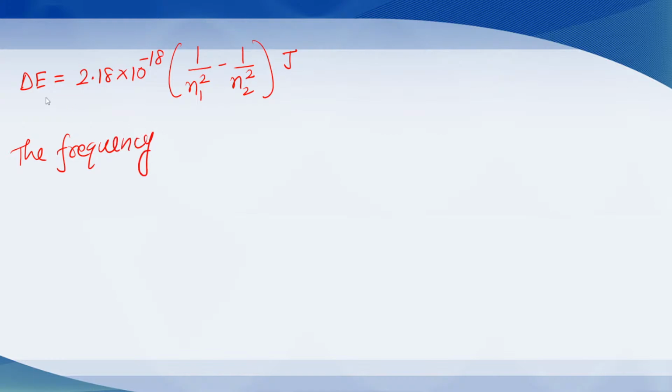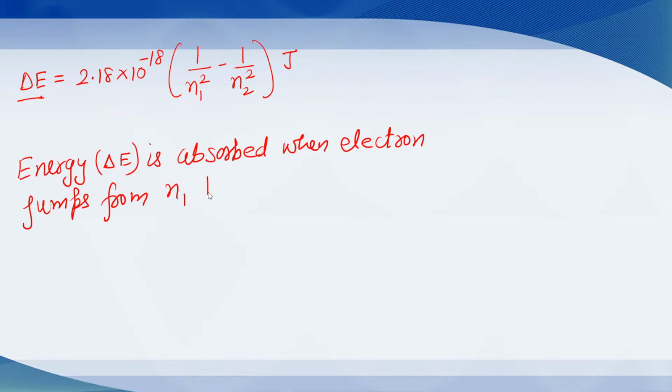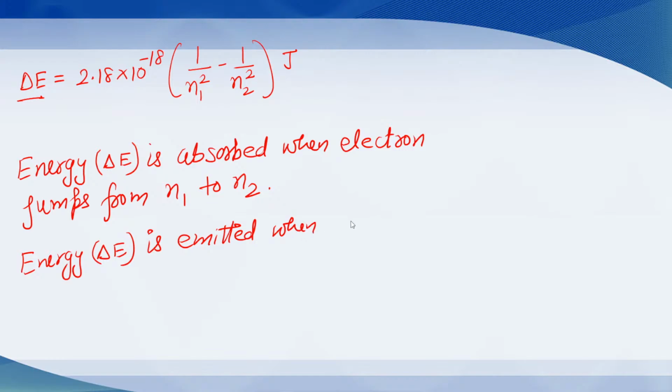Energy delta E is absorbed when an electron jumps from n1 level to n2, and this same energy delta E is emitted when the electron jumps or falls back from n2 to n1.